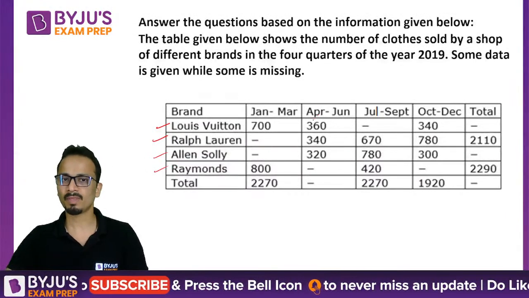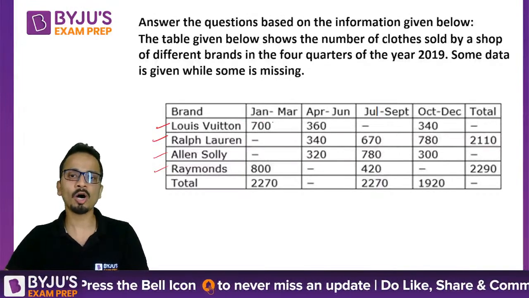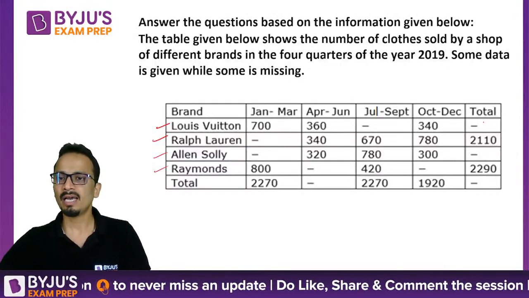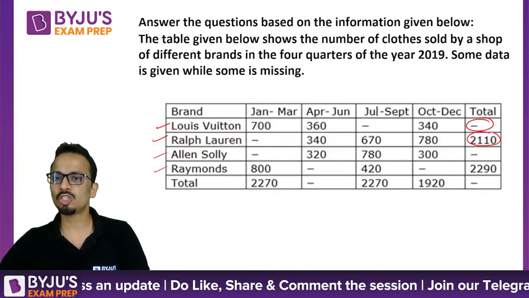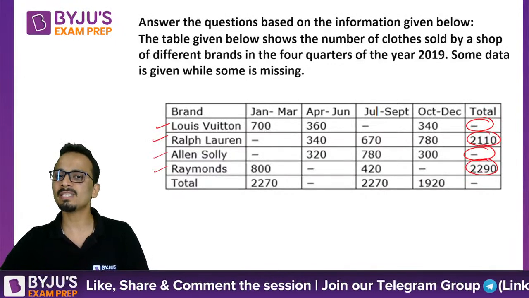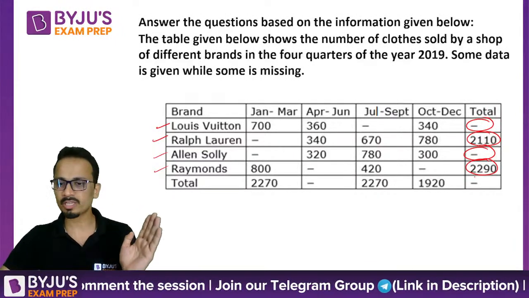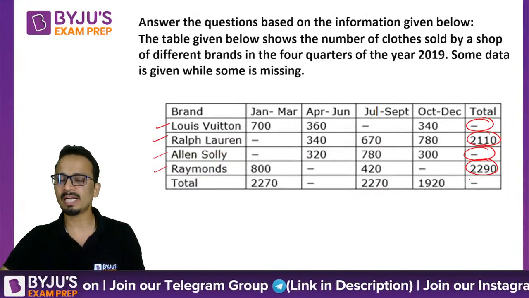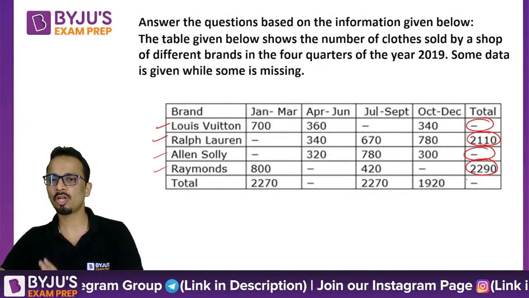4 quarters. Now horizontally, if you observe this table, in the last column, the total for each of these brands is given. The total for the entire year for each of these brands is given in the last column.